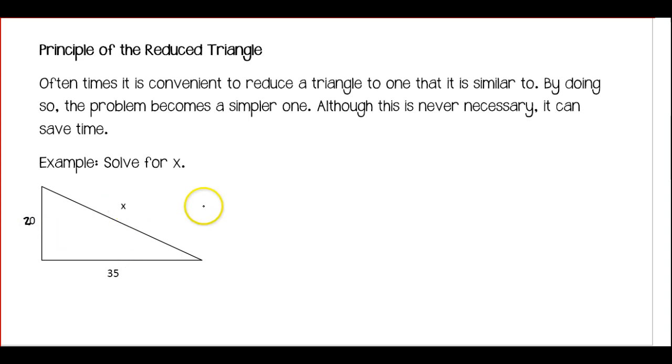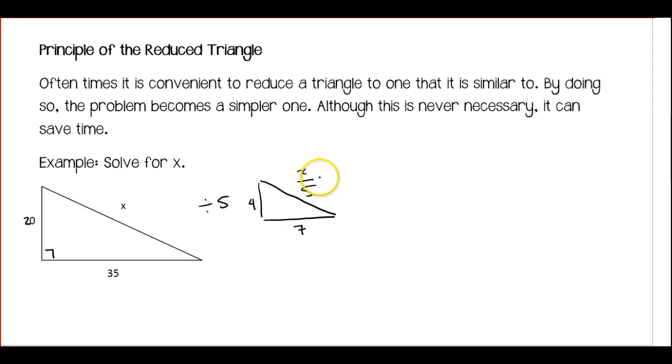So if I divide each side by 5, I would get a new triangle that's similar. This is a right triangle, by the way. So this side would be 4, and this side would be 7, and this side would be x divided by 5.